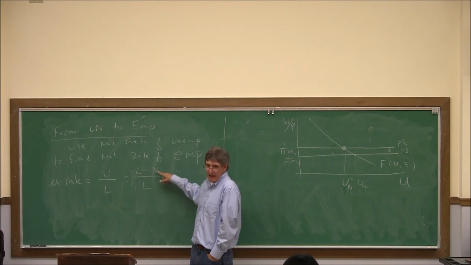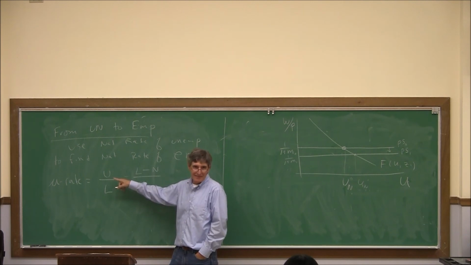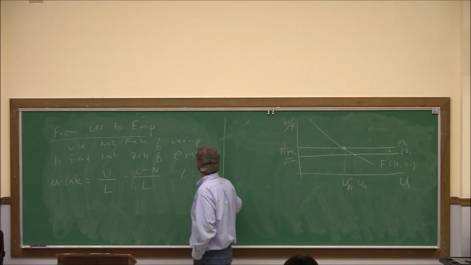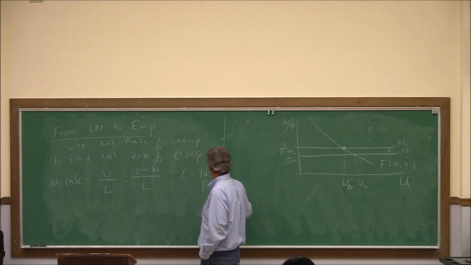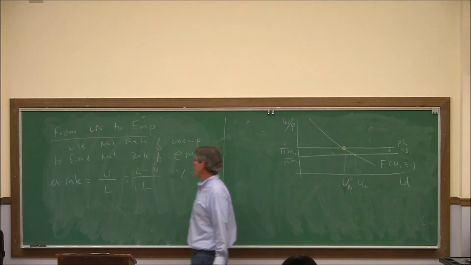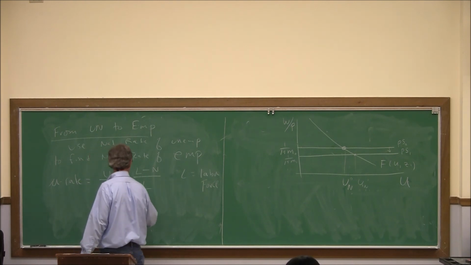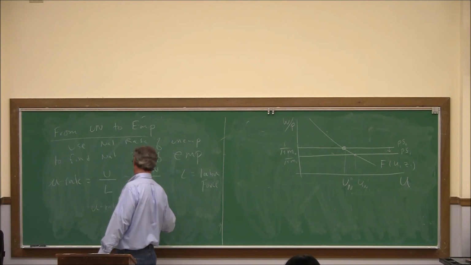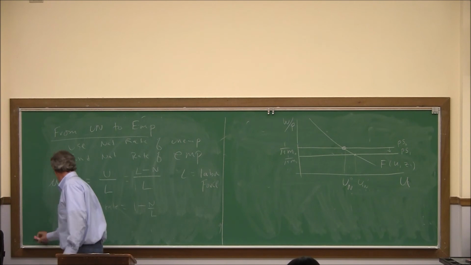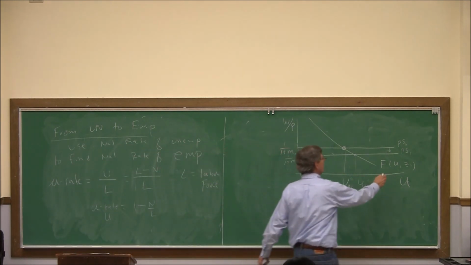Labor force is 100, 80 people are working, 20 people are not working. So L equals the labor force, the civilian labor force. So we could say that the unemployment rate is 1 minus N over L. And this is what we were calling U a few minutes ago. That's this U right here.